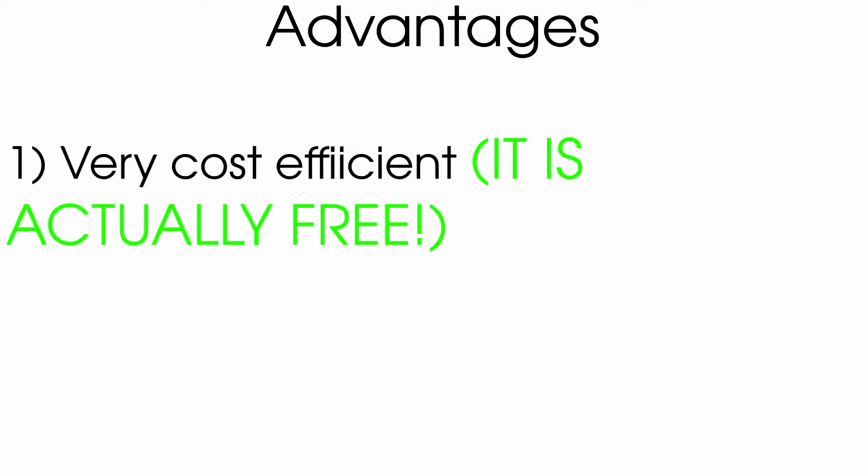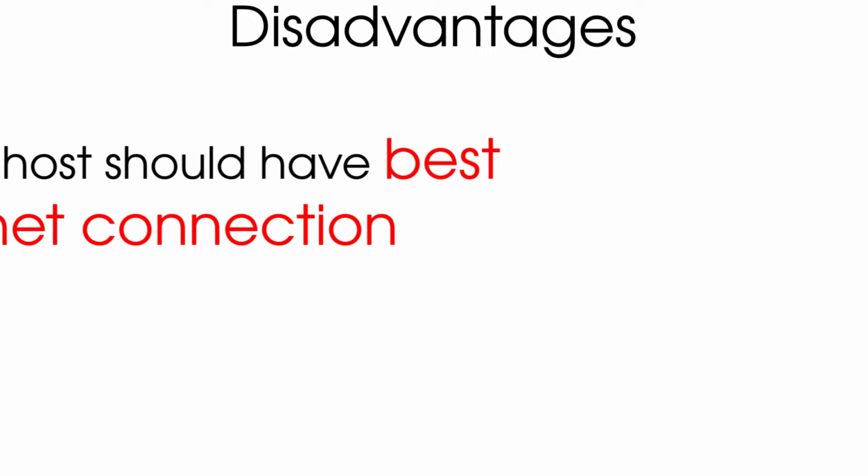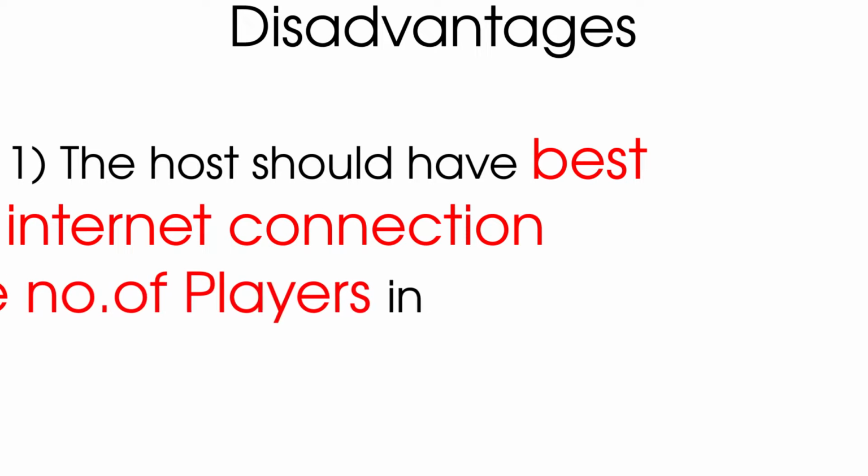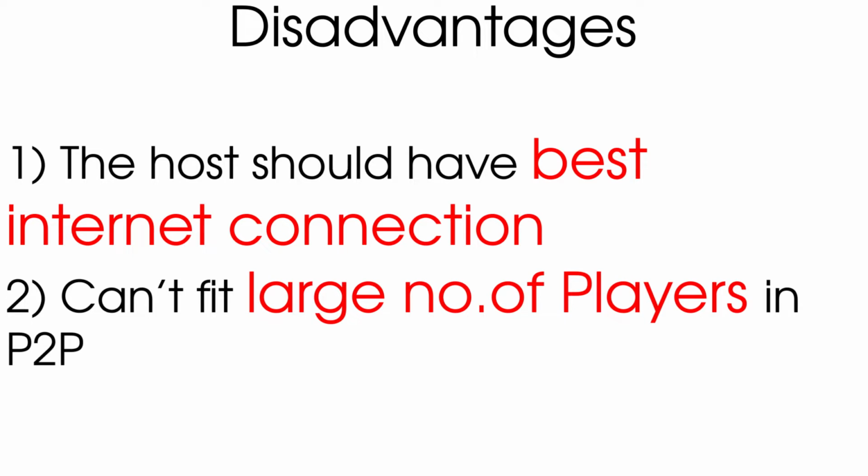The advantage of this is that it is cost efficient for developers because the hosting is done by the players. But there are a lot of disadvantages. First, the host should have the best internet connection, or else it's going to be very laggy. Second, if there's a large number of players in peer-to-peer, it will be very laggy.